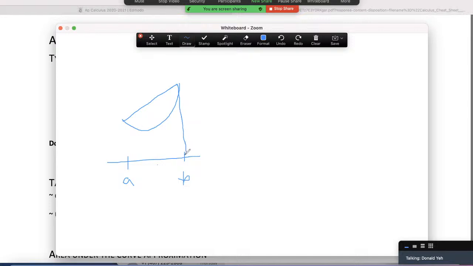Do you see that's over? And if you have A and B and it's concave down, then it's going to be an under approximation. Your trapezoid is going to be under. So it really depends on concavity. Once you draw one partition, you should be able to see it. Does that make sense? Okay.